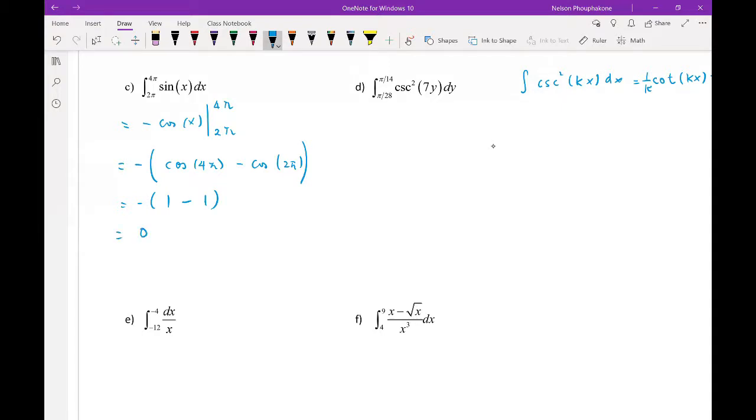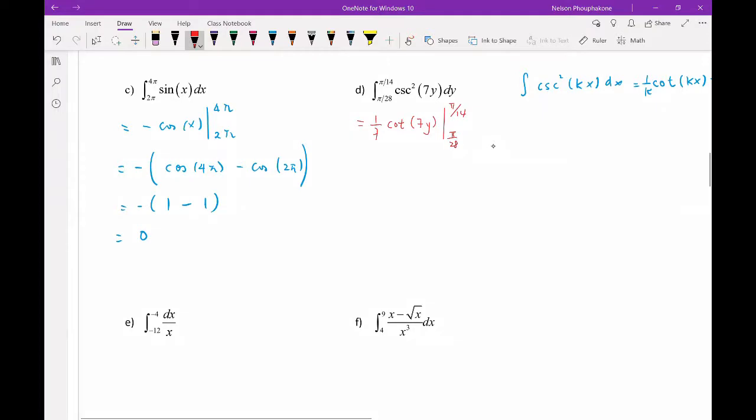Okay, then now how about D? To this one, just like this one, I have 1 over 7 cotangent of 7y, and then integrate between pi over 28 and pi over 14. Then, of course, to this one, we could have 1 over 7 cotangent of 7 times pi over 14 minus cotangent of 7 times pi over 28.